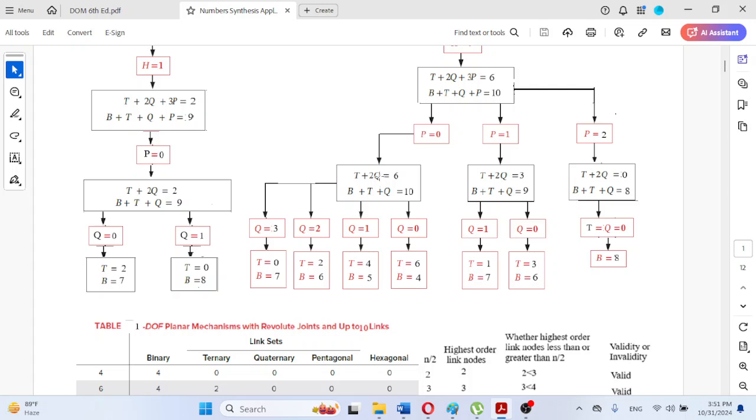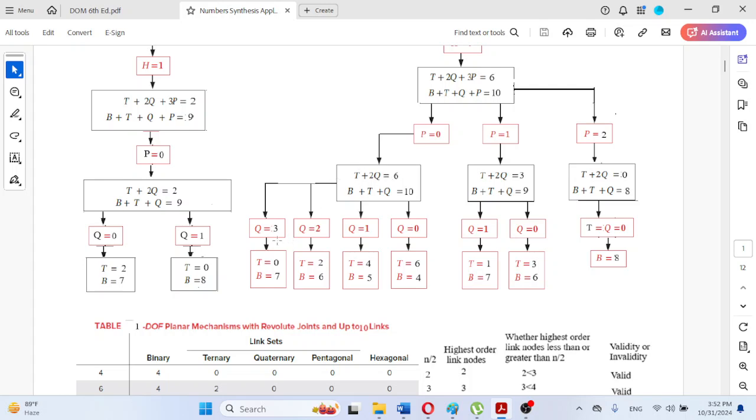But as stated and explained earlier, q can't be greater than 3, because if q is equal to 4, here it will become 2 multiplied by 4, that means t plus 8, and when this 8 will be subtracted on the right hand side from this 6, so 6 minus 8, that will be minus 2, means t will be equal to minus 2, means a negative ternary link, which is impossible.